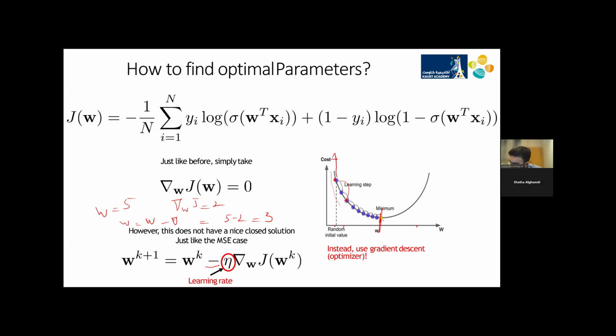If we reach at this point, then the gradient of this point would be actually 0, right? Okay, so we do have a convergence for a stopping point. We will keep doing this until eventually we reach this point.